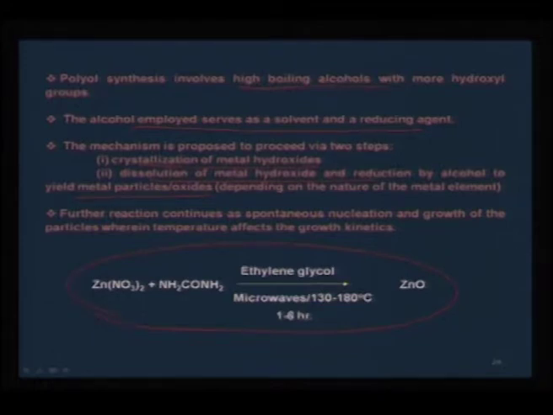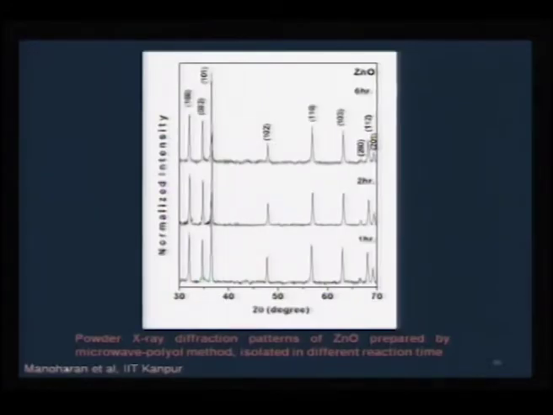Okay. So, let us take the case of a simple reaction of zinc oxide before we consider cadmium and magnesium doping. So, I can actually vary the exposure of this mixture from 1 hour to 6 hours and then look at the property to understand what really is important. Now, in this case you can see 1 hour exposure, 2 hour exposure and 6 hour exposure gives very highly crystalline zinc oxide powders.